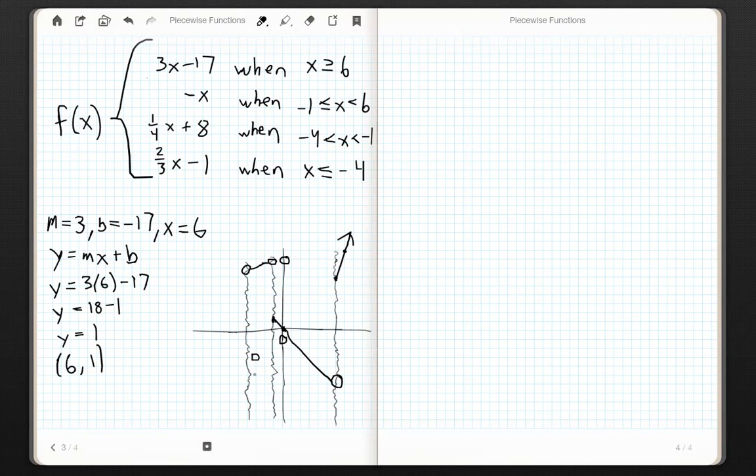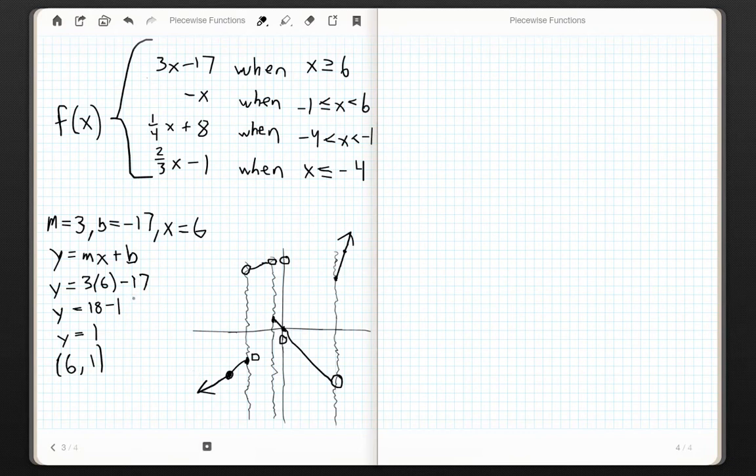Let's do that again. Down 2, left 3. So now we're in the area we want, so we can close this point here. And so that is the line right there, but we're stopping at this point where x is negative 4. So it's only going to go up to right about there. But it does include where x is negative 4, so we're going to draw a closed dot right there. It's kind of hard to draw exactly, but that's about what it would look like.